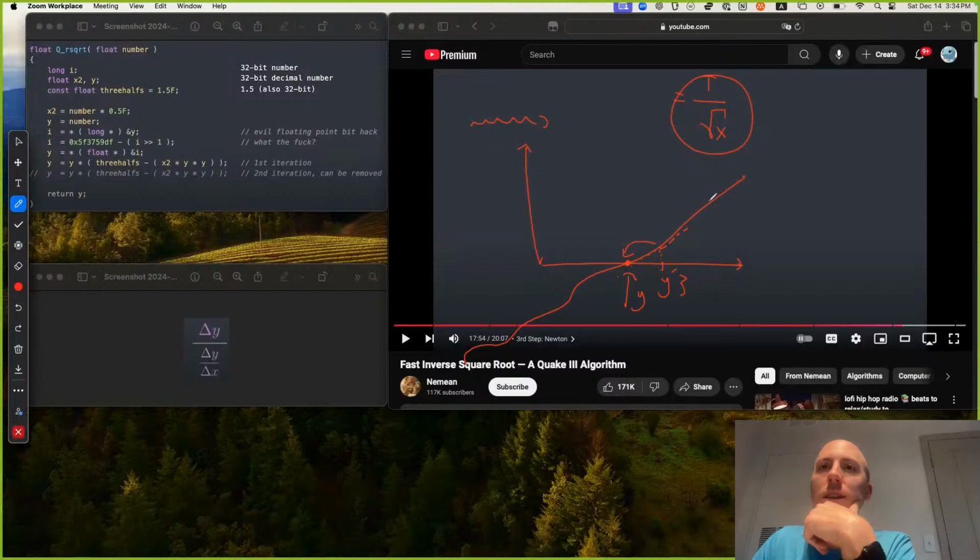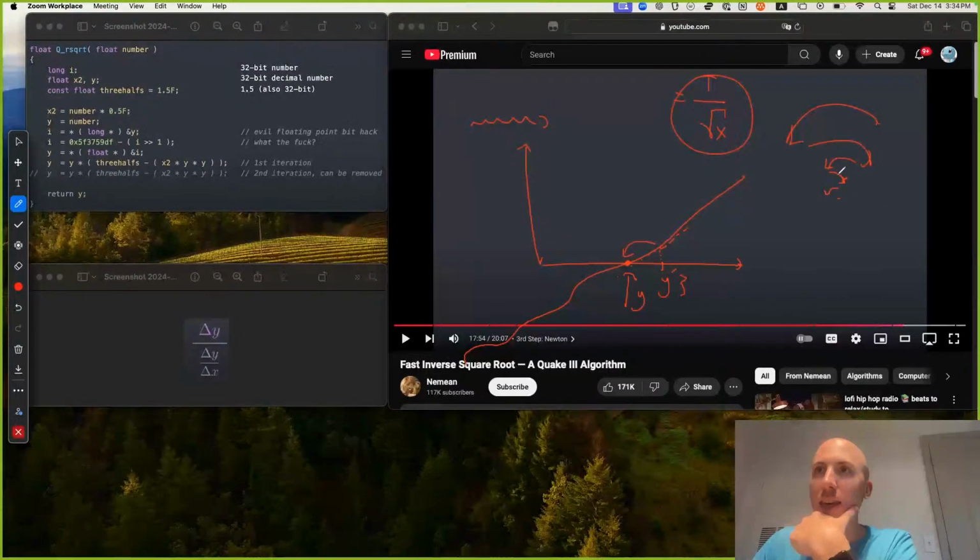But instead of doing Newton's iteration many times, where we jump around and find the solution, in one very quick step we got very close, and then we just do one more step.